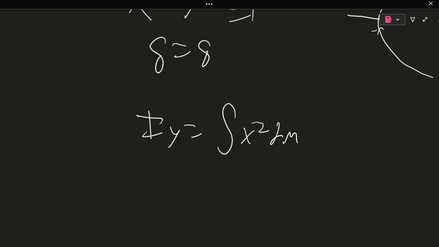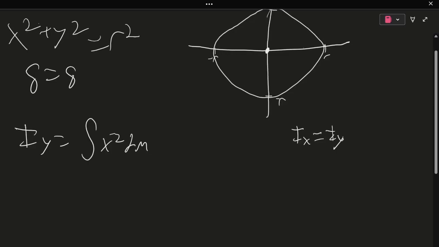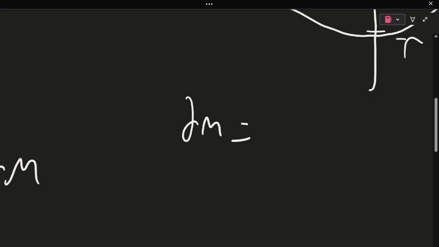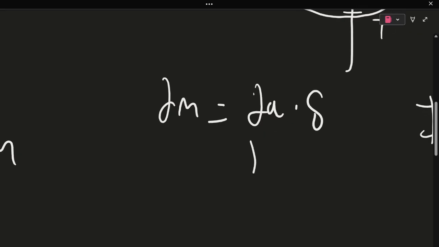So we'll start by finding our little infinitely small slice of mass. We know that dm is equal to dA times density. Density is just going to stay the same, but we need to figure out what dA is equal to.